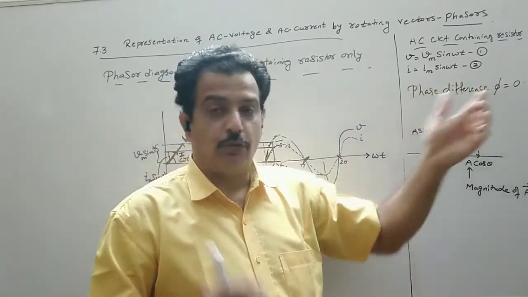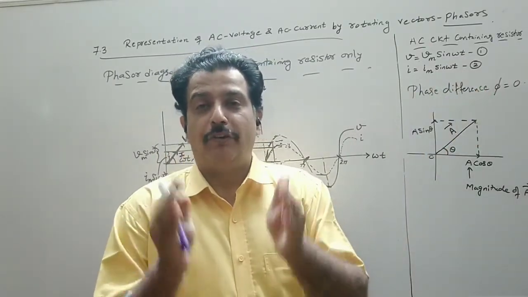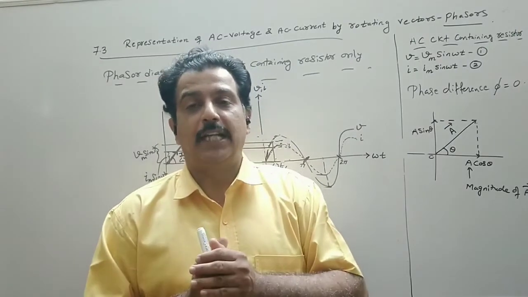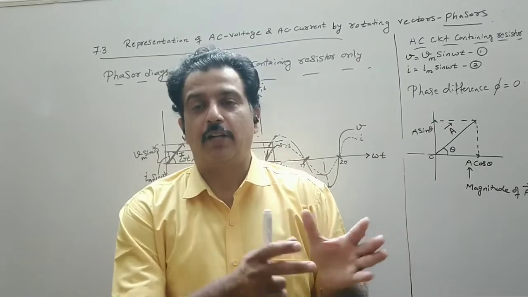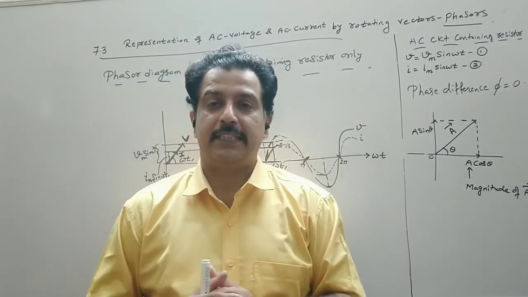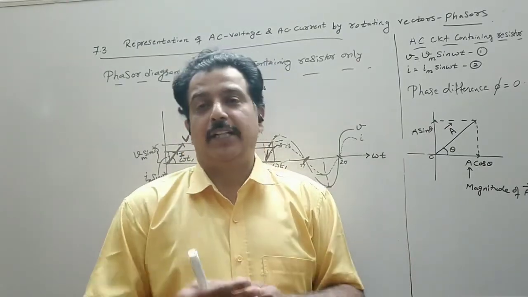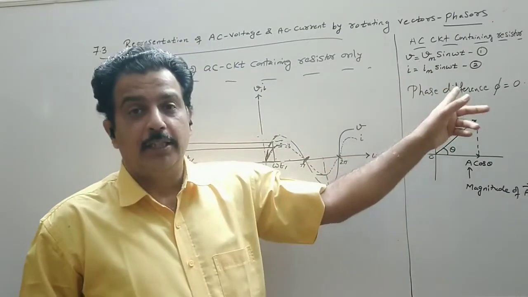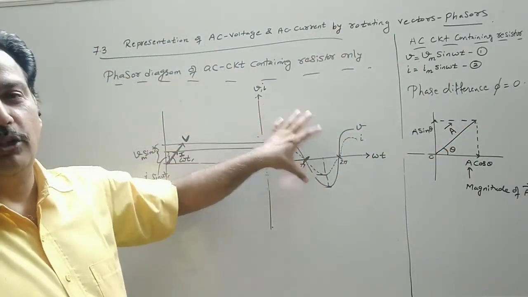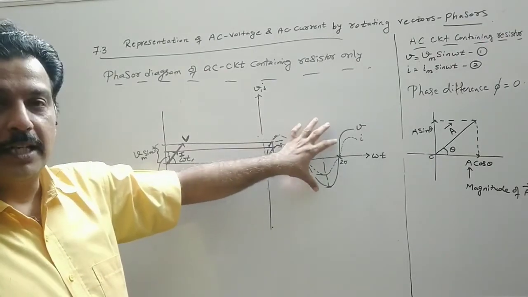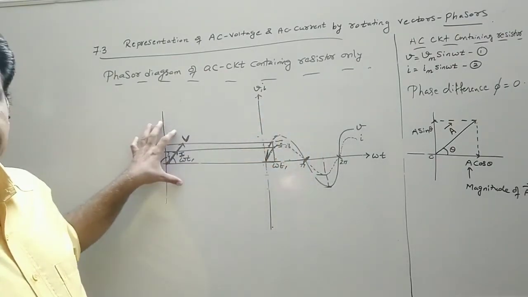So the first question will be to find out the expression for the instantaneous current in the circuits containing R or L or C. And after finding out the instantaneous current, we draw the graph of V and I, whether they are sine or cosine graphs. From this graph, we will also draw the phasor diagram.